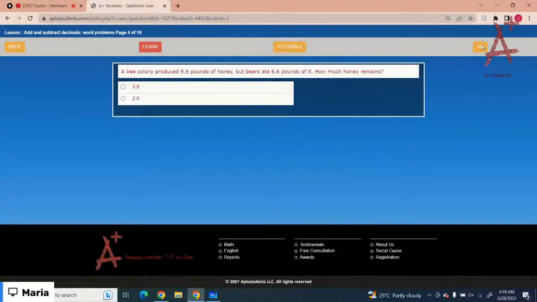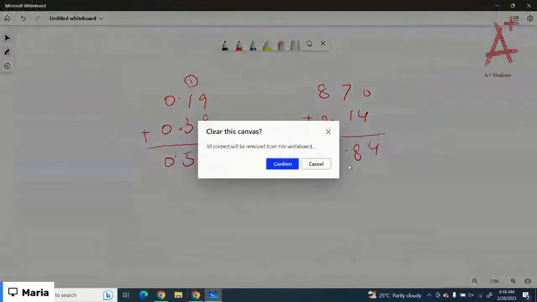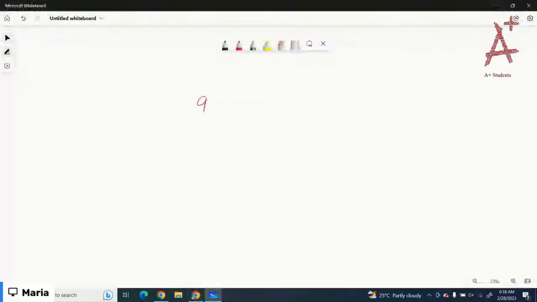Got it? You have to subtract 6 out of 5. We cannot, so we have to borrow 1. Here you have 8 and it makes 15 here. So 15 take away 6 is 9. And 8 take away 6 is 2. It would be 2.9.